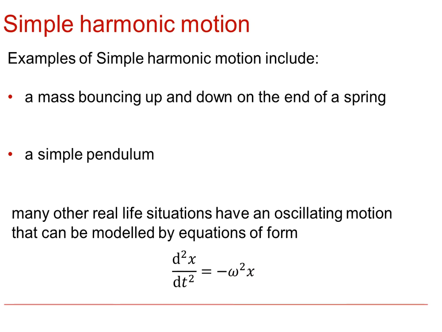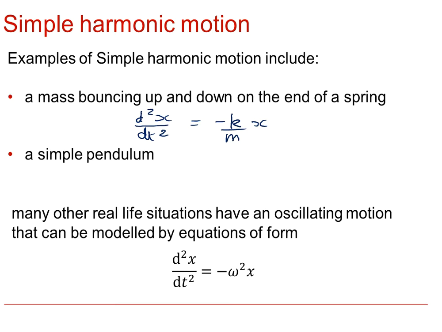So a mass bouncing up and down on the end of a spring would have equation d²x/dt² equals minus k over m x, where k is the stiffness of the spring and m is mass.